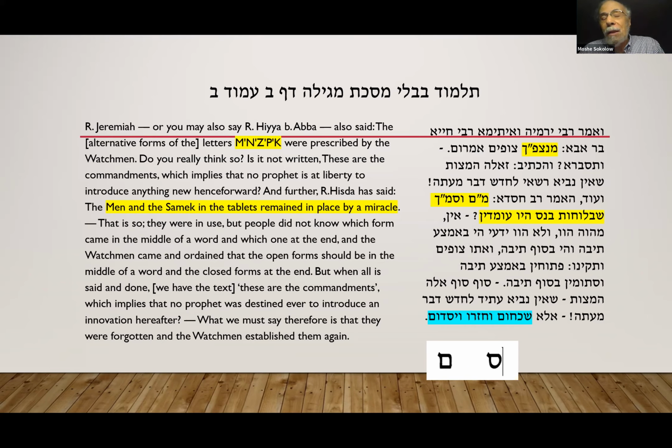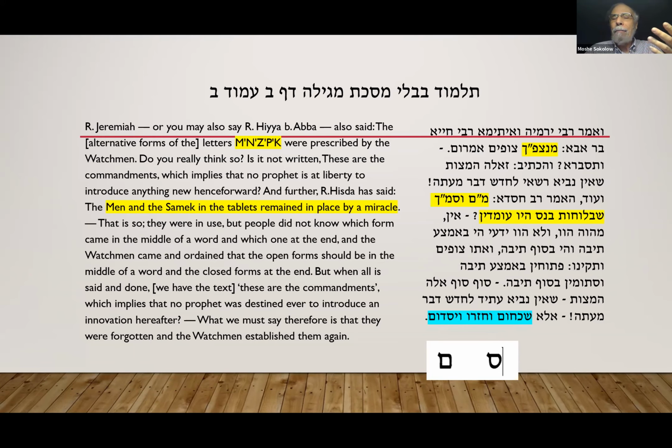The Talmud then asks itself a question, V'tisbara, is it indeed possible that the prophets introduced letters into the alphabet? V'hakativ, is there not a biblical verse that says, Eila hamitzvot, these are the commandments? And from that, the rabbis deduce she'ein navi reshai lechadesh davar me'ata, that prophets do not have the permission to innovate.